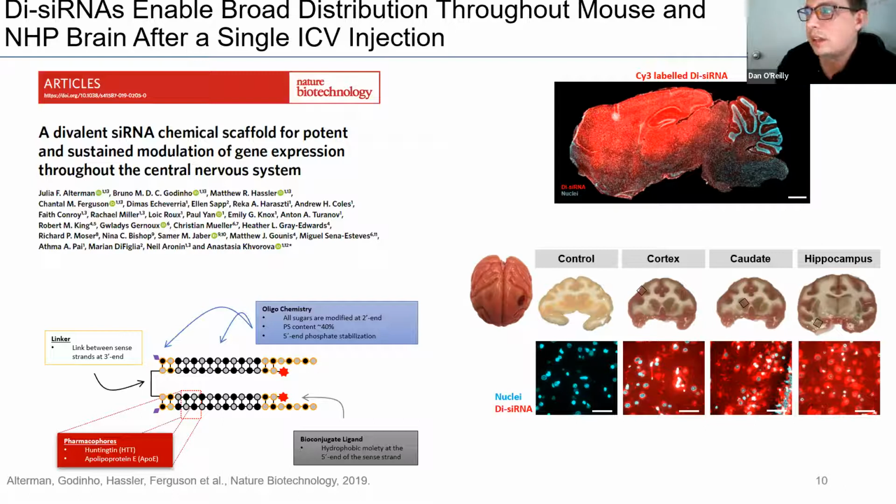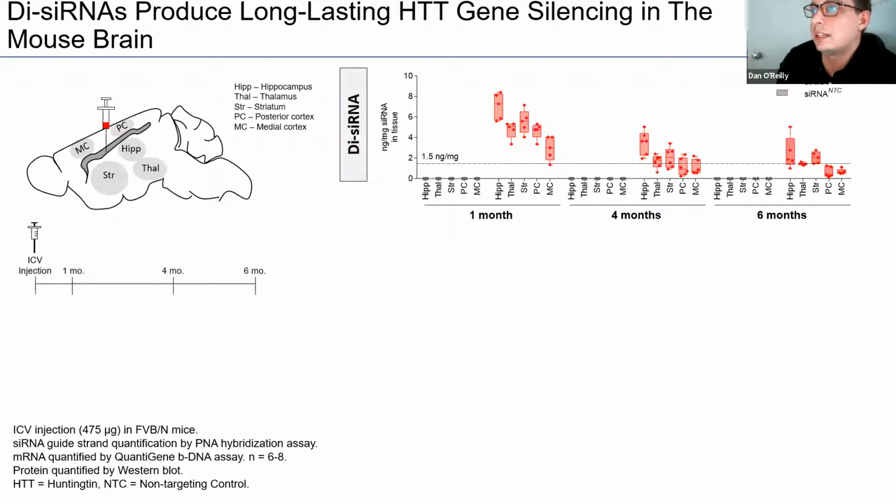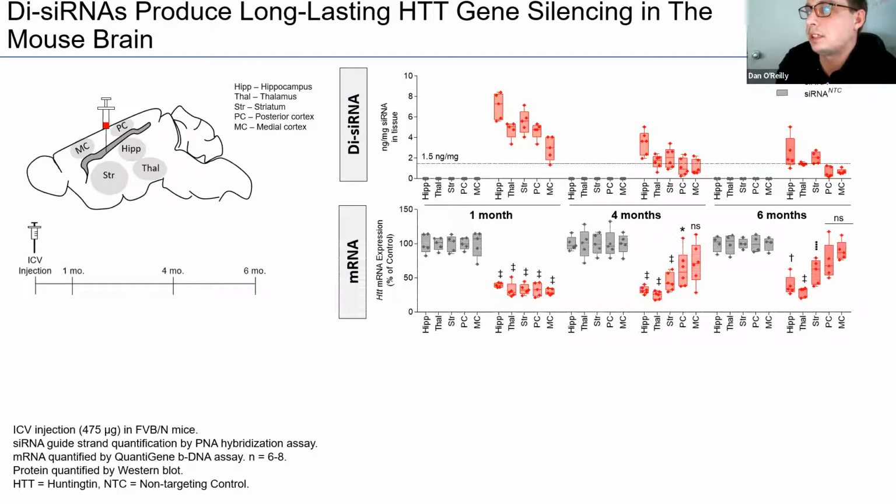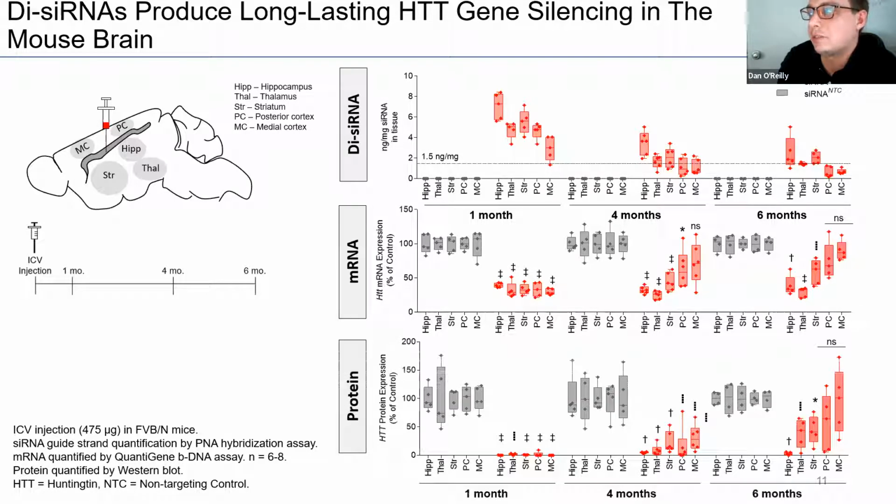Here I'm showing that the siRNA increases accumulation in many regions of the brain, and also gives potent silencing of HTT mRNA expression at 1 month and up to 6 months duration of effect, and also the same at the protein level. So this is really a great tool for us to use to silence MSH3 in the mouse brain, and then hopefully see an effect on blocking expansion.